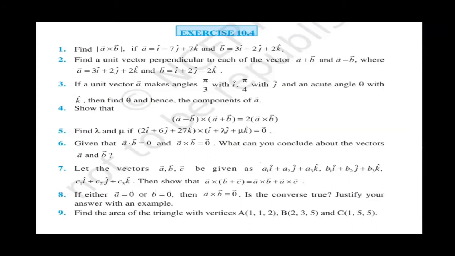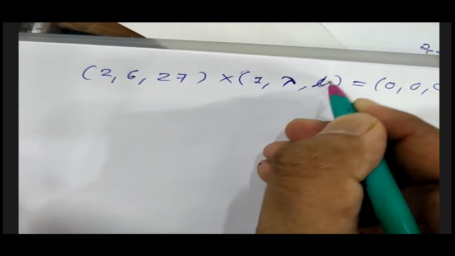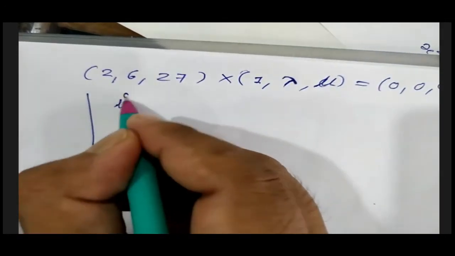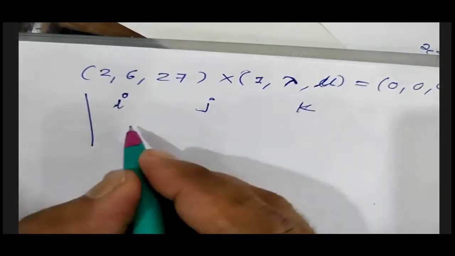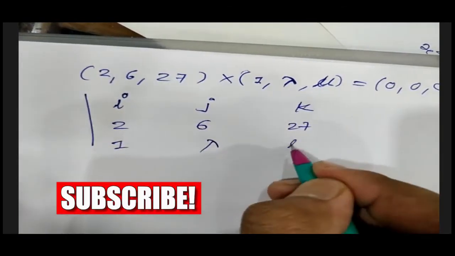Question number 5. Find lambda and mu, if the cross product between (2, 6, 27) and (1, lambda, mu) is equal to (0, 0, 0). Let's do it. The cross product is the determinant with i, j, k, then 2, 6, 27, then 1, lambda, mu.